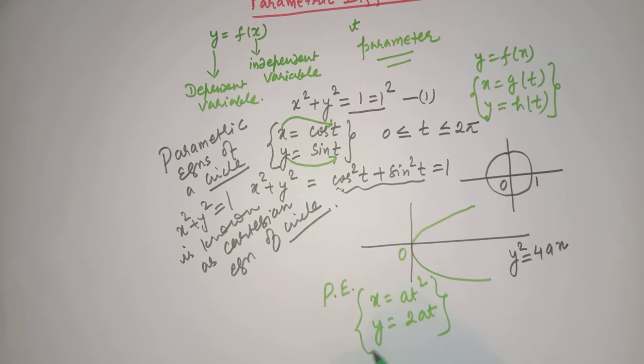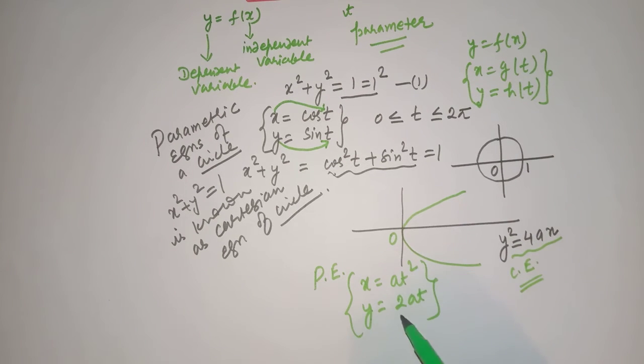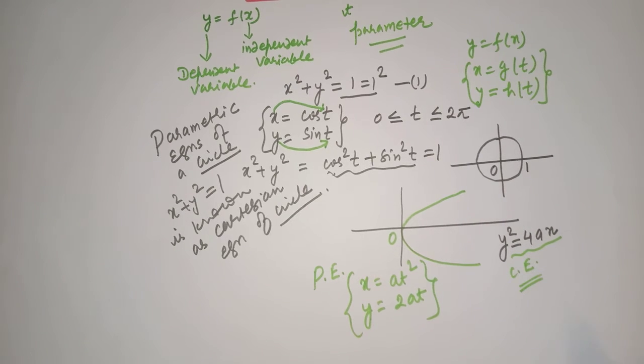And if we substitute these two values in this Cartesian equation, we can easily verify that they satisfy this equation. So these are the parametric equations of a parabola y square equal to 4ax.